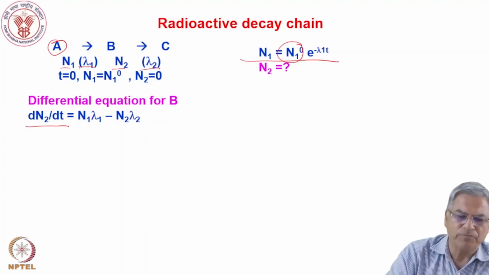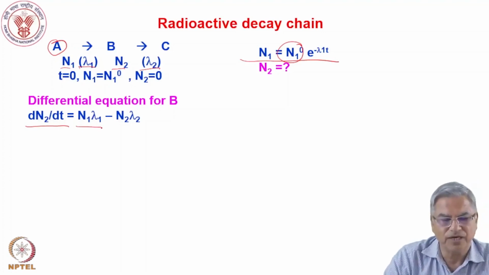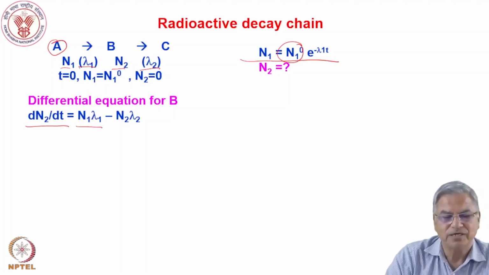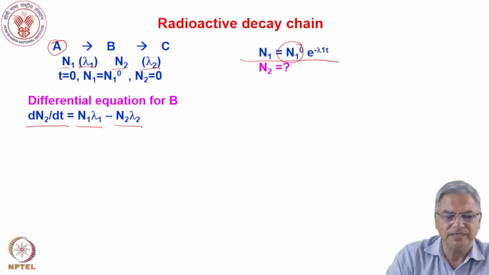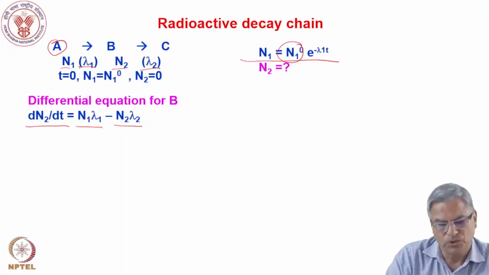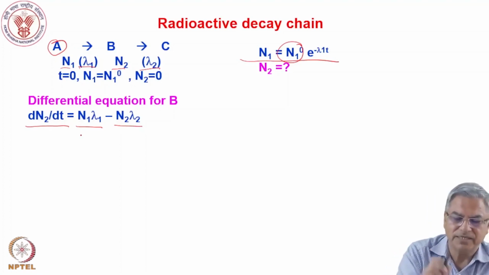B is growing from A, so that is N1 lambda 1, the rate of decay of A is the rate of growth of B, and B is decaying at the rate N2 lambda 2. So there is a growth part and there is a decay part.